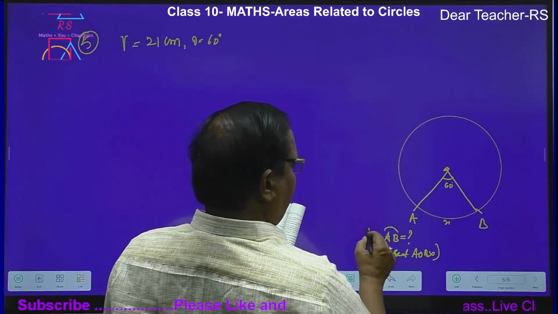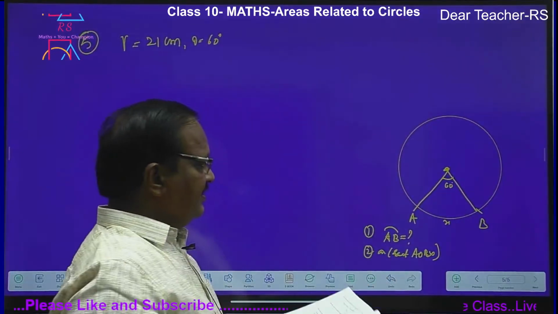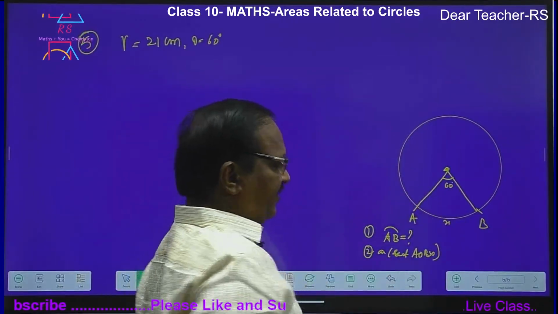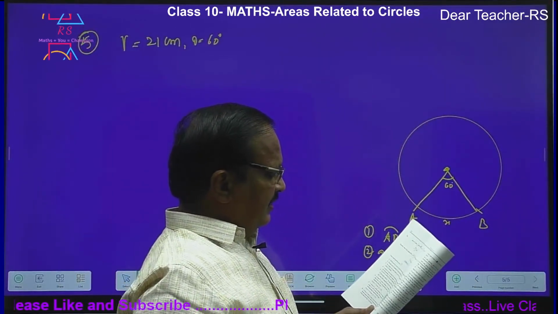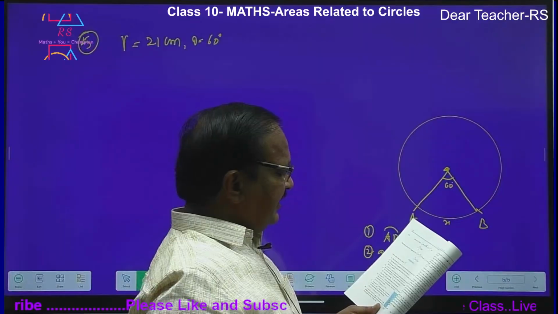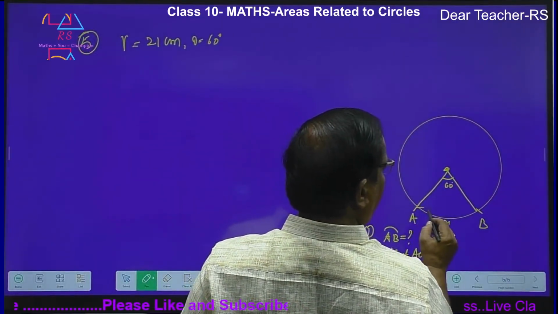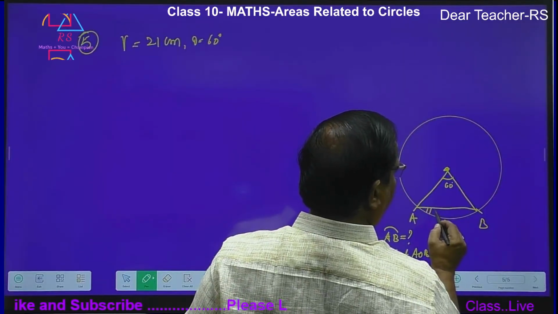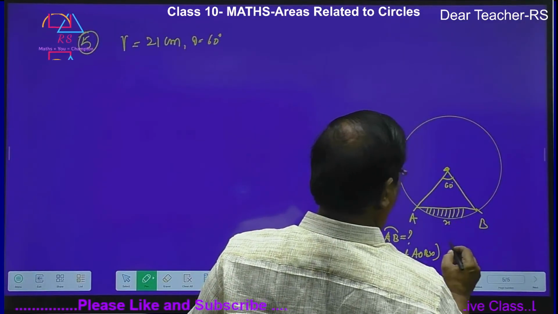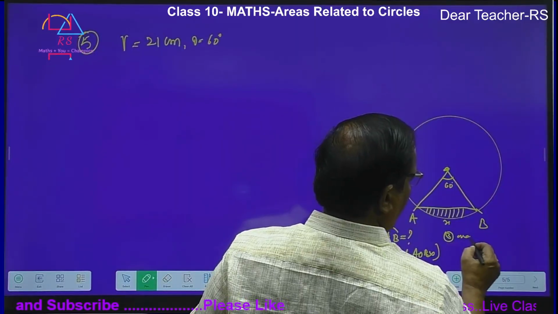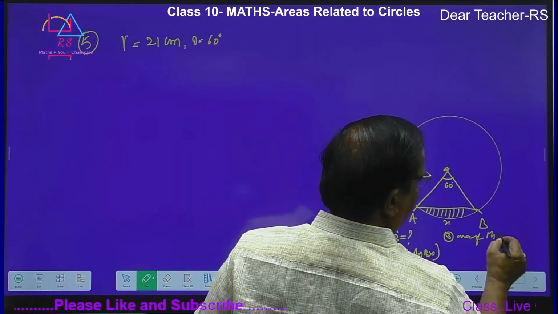This is the first one, second one. That means this entire area we have to find out. And third one, area of the segment formed by the arc. That means you have to find out area of this segment. Third one, area of a minor segment.